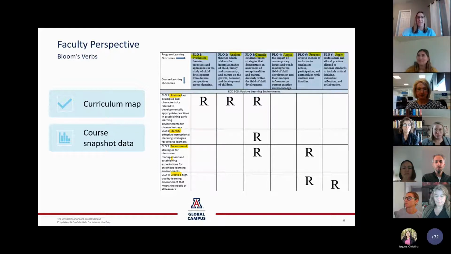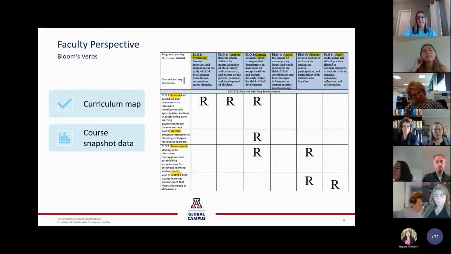The other thing, and this came up in the chat too when we're looking for ideas, is that course snapshot data. And this is really important when looking at course learning outcomes, especially for an existing course, because we have data on how our students are performing on each of our course learning outcomes.